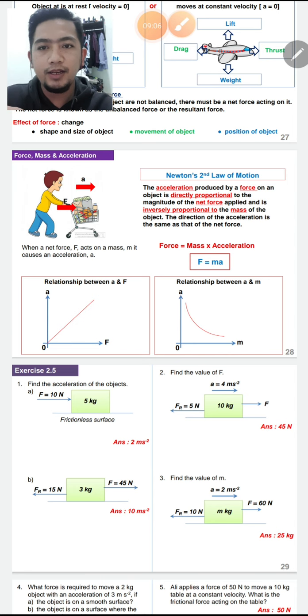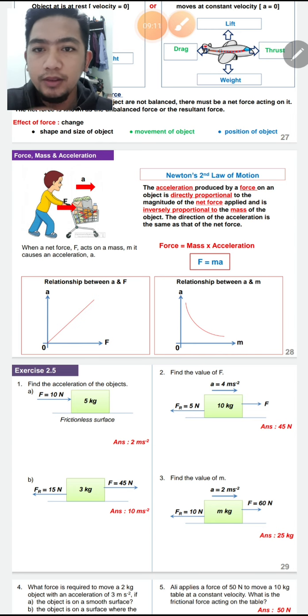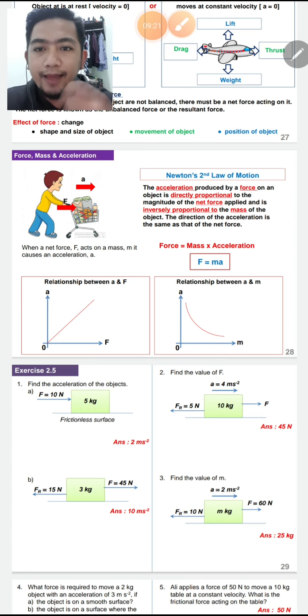Means let's say the mass of this trolley sekali dengan dia punya load di dalam trolley itu, let's say 50 kg. And then you applied a force to the trolley. Means the trolley mengalami acceleration, experience acceleration. So, setiap objek yang mempunyai jisim dan dikenakan daya kepadanya, dia akan menghasilkan pecutan. Okay? Itulah hubung kait antara force, mass and acceleration.